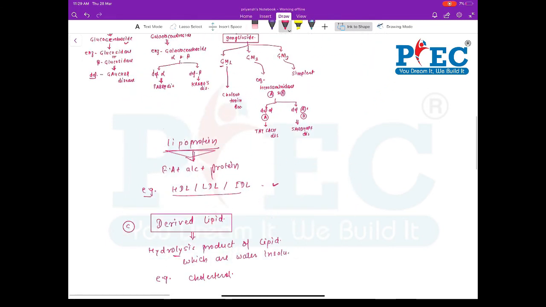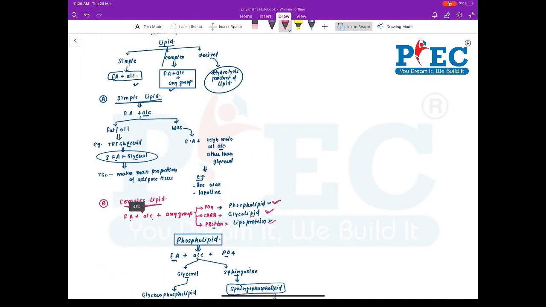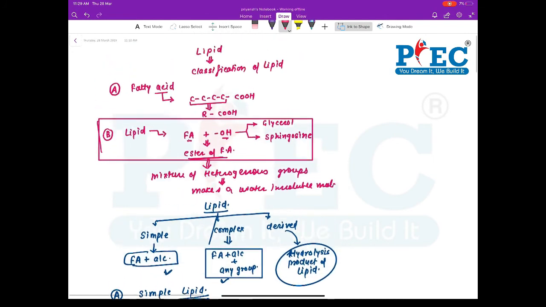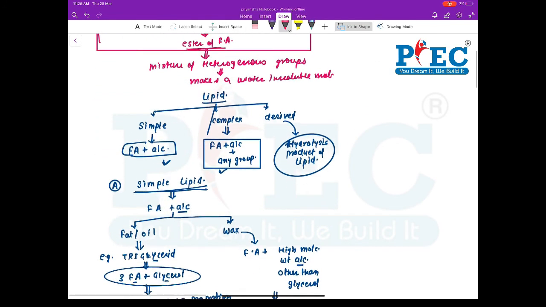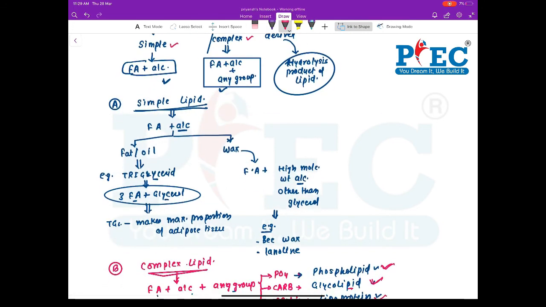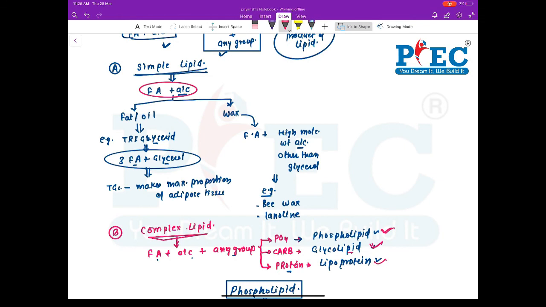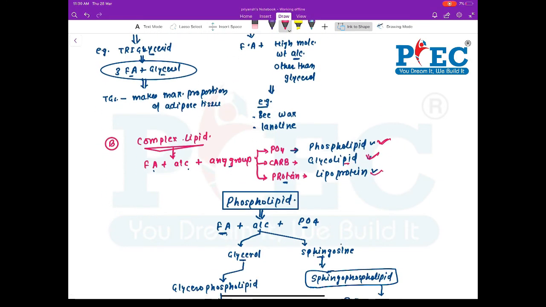So this was the complete classification of lipid that you should know, beginning from the basic concept of what is fatty acid and lipid and the lipid constituents. Depending on that, there are three categories: simple, complex and derived. In simple lipid, there are only two things: fatty acid plus alcohol, and depending on the alcohol it can be a fat or a wax.